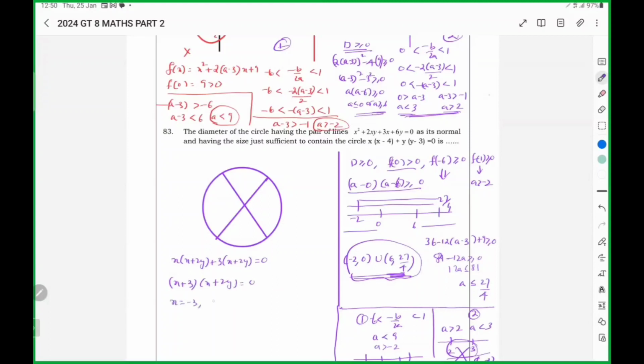Minus 3, minus 3 plus 2y is 0, so y becomes 3 by 2. The center of the circle is minus 3 comma 3 by 2.